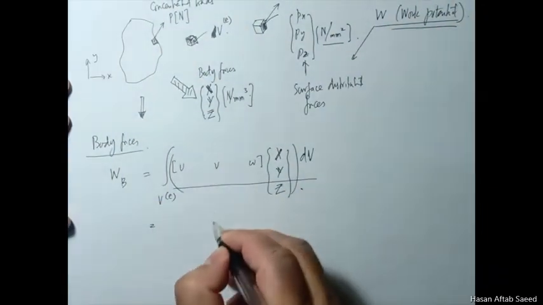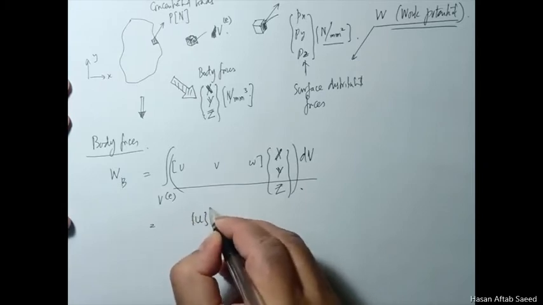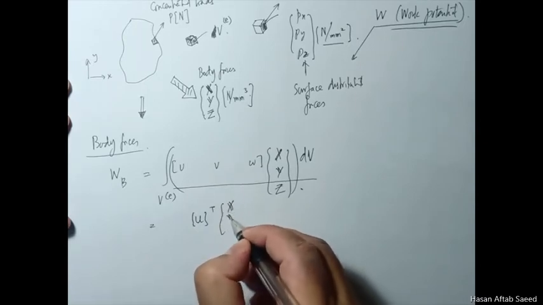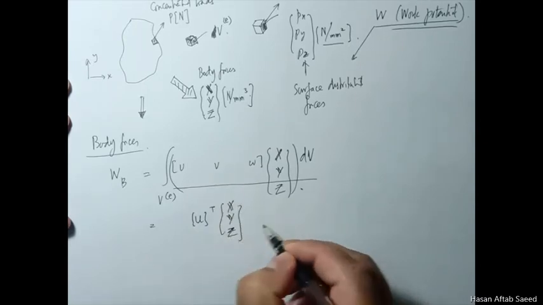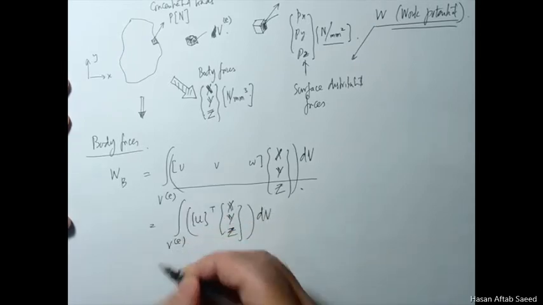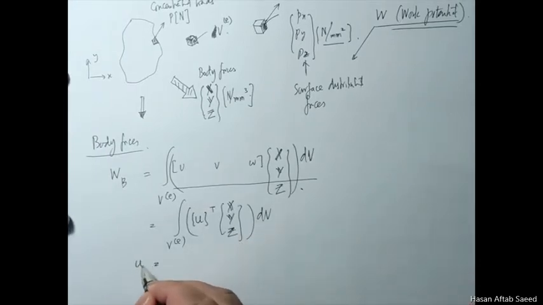So if I write it in symbolic form, this is the general displacement vector, and this is X, Y, Z, and you have this expression.